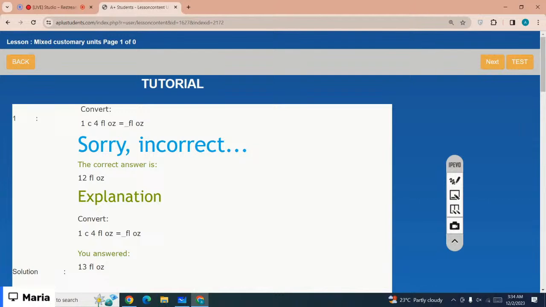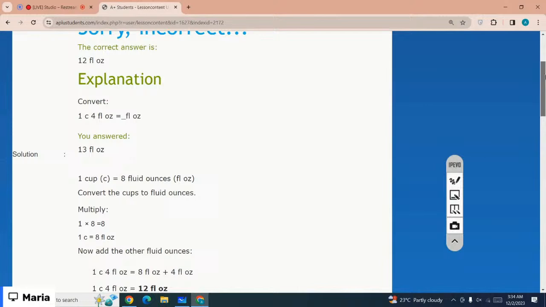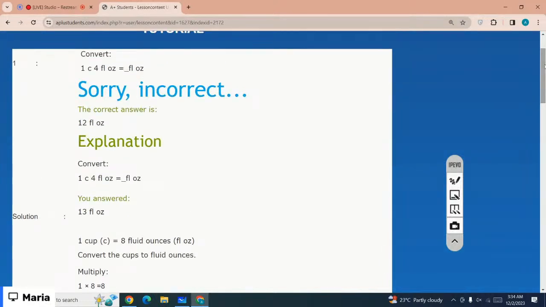Okay, you have to convert from one unit to another. 1 cup and 4 fluid ounces equal how many fluid ounces, right? In 1 cup you have 8 fluid ounces.